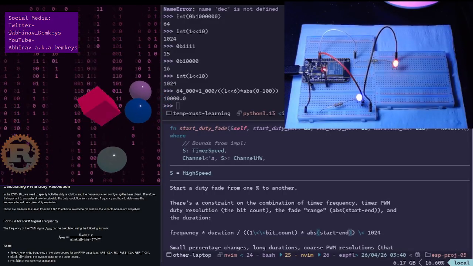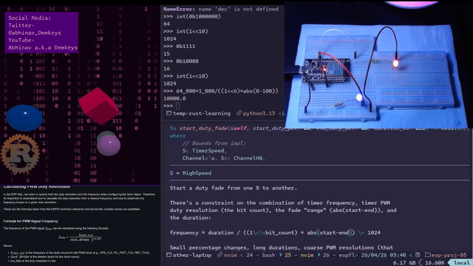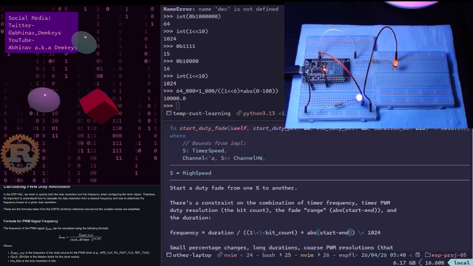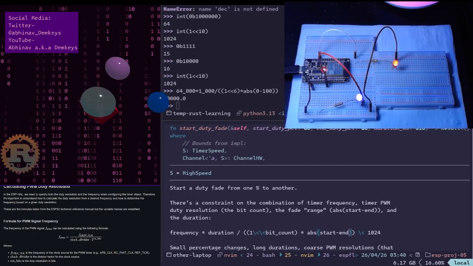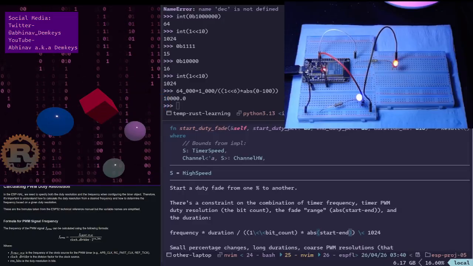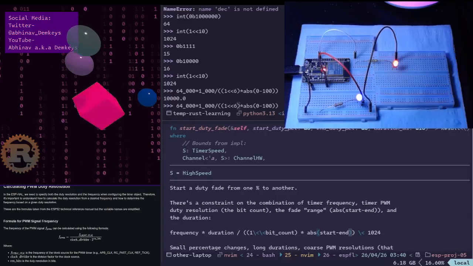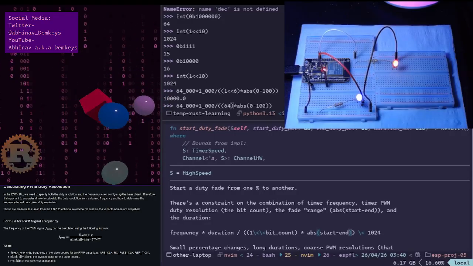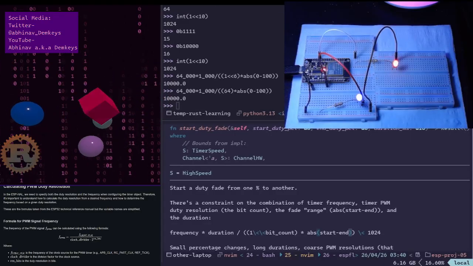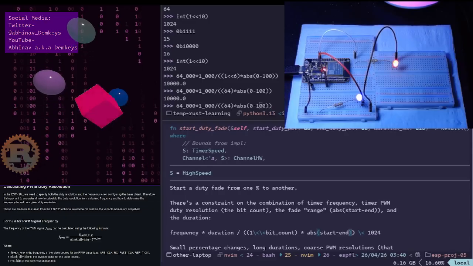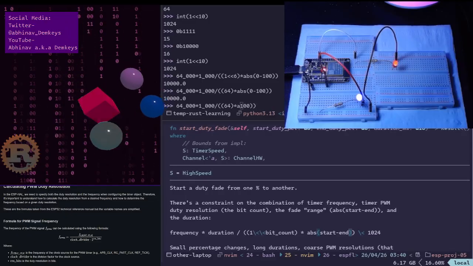Okay, bit count, all right, multiplied by so and so. Okay, we know the value here, so let's just put this in. It's still the same. We know this value also, so let's simplify.